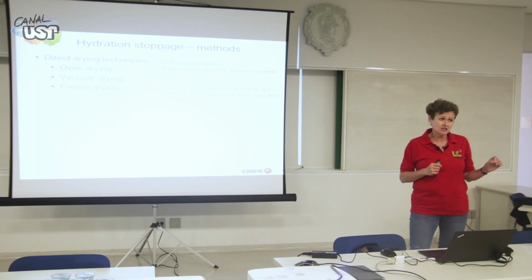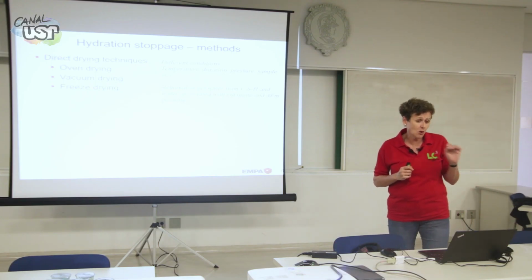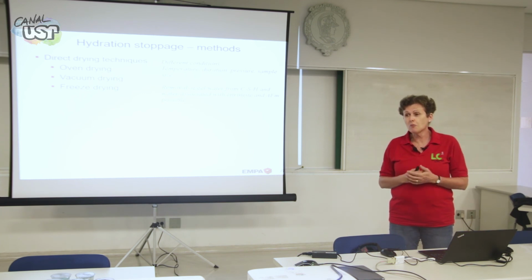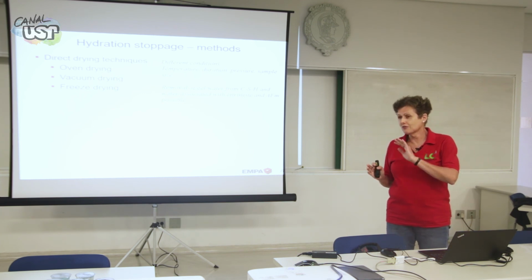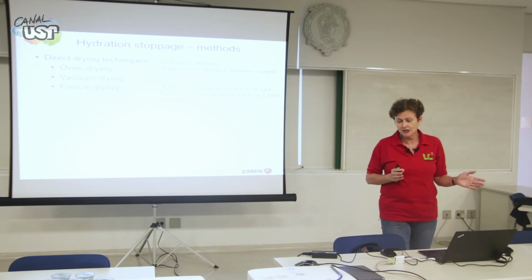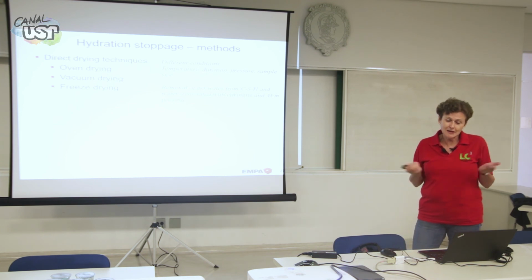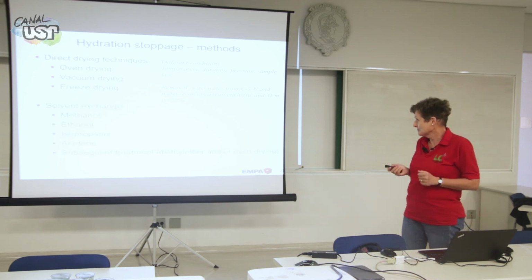So none of these techniques are really very good, and particularly, we're going to come back to it, oven drying is a disaster. Unfortunately, this is the most popular method in the literature, but if you put your sample at 105, forget about doing any microstructural characterization because it's a total disaster from all points of view. It destroys the hydrates. It changes completely the pore structure.